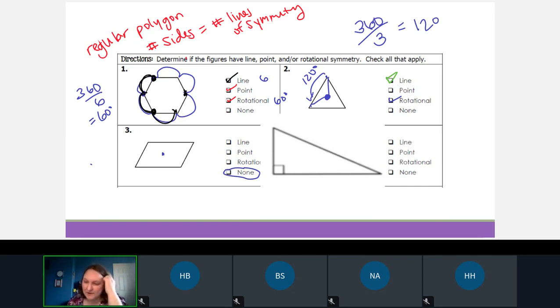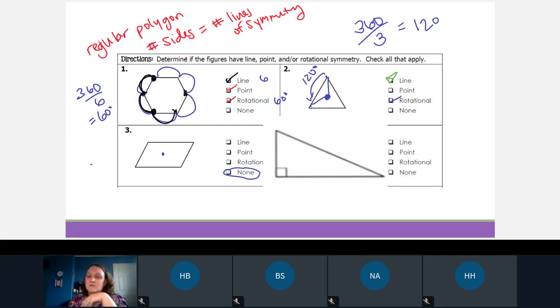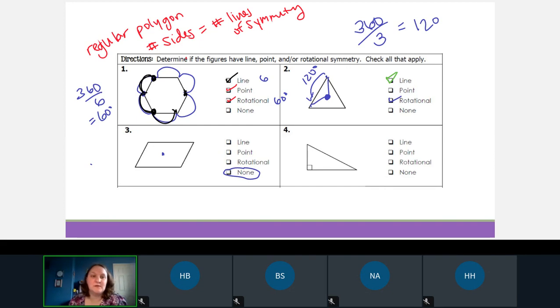If it was a 45, 45, 90 triangle, would it have a line of symmetry? Yes, it would. Yep. I would say that all isosceles triangles have a line of symmetry. Let's try one. Let's see if I can draw one. Probably not.